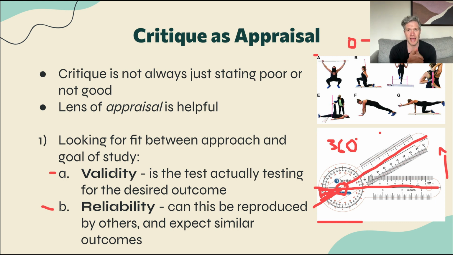So if you are having 2 individuals have to pick between 0 and 3, and 0 is even just pain, so it's a straightforward one, so it's really 1 to 3, or you have individuals try to gauge something between 0 and 360, or even incrementally these little hashmarks for each degree, we can think for a moment and go, hey, there's a lot more to choose from on the goniometer than there is on this FMS test.